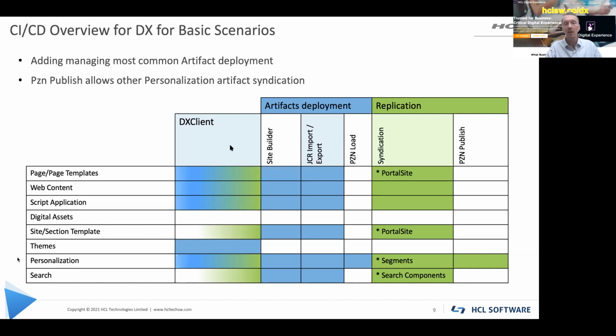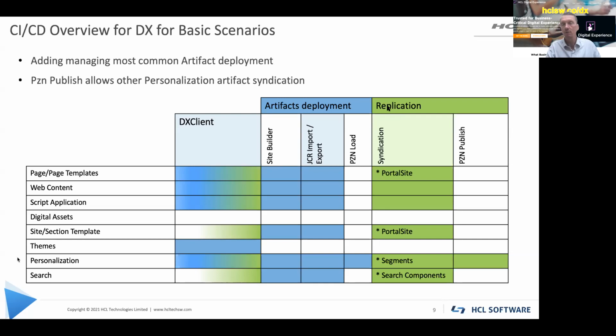And you see that the DX client can manage either the replication parts or the artifacts. And there are other ways actually to build those artifacts. So if you look at, for example, the web content, you can do a JCR import and export to get those resources, or the same thing for a script application. So for most of these things, we have simple tools that allow you to get those artifacts, to package them, to put them into a Git or a source control system, and then package them to a new environment.